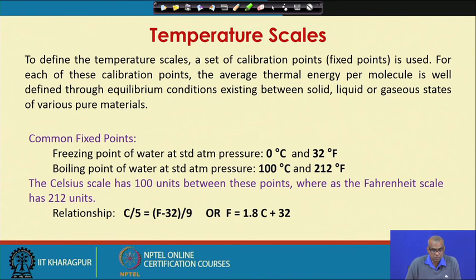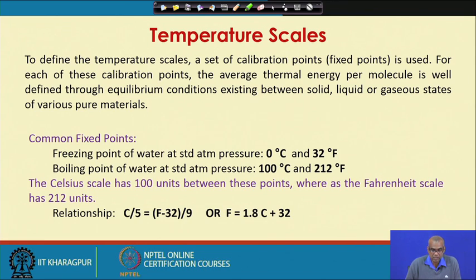Common fixed points: the freezing point of water at standard atmospheric pressure is taken as 0 degree Celsius and 32 degree Fahrenheit. The boiling point of water at standard atmospheric pressure is taken as 100 degree Celsius and 212 degree Fahrenheit.